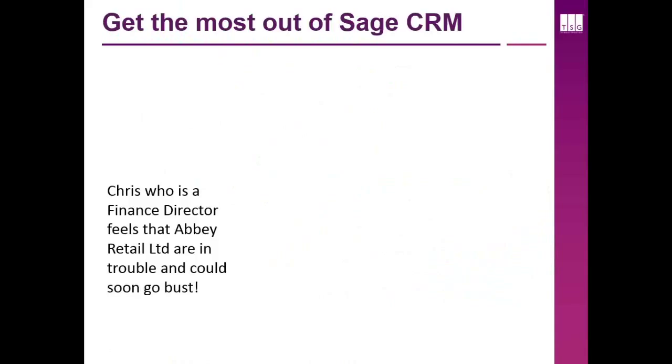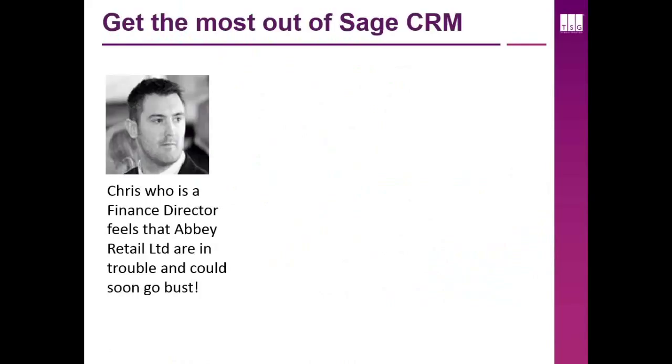Now, if we go to the back office point of view, Chris is the finance director. I must say that the photograph you're about to see has been photoshopped slightly, so I'm not quite as rugged and good looking as that photograph appears. Chris feels that Abbey Retail are in trouble and could soon go bust.